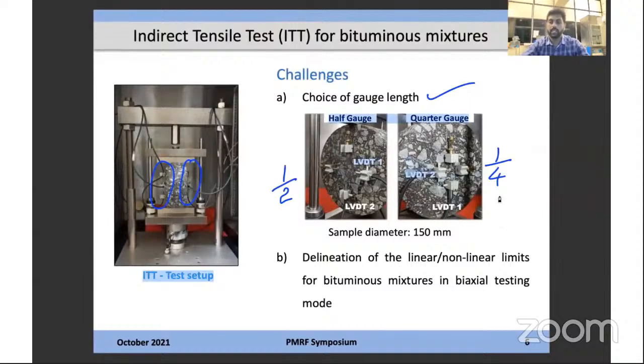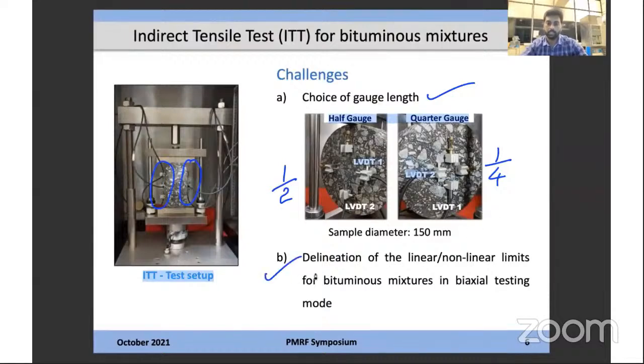So it is necessary to investigate the influence of gauge length with respect to the deformation captured as well as the input load levels. When the gauge length changes from half to quarter gauge, the deformation may or may not vary. This aspect needs to be studied.